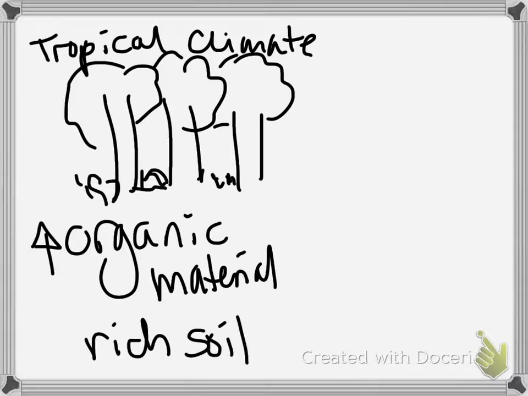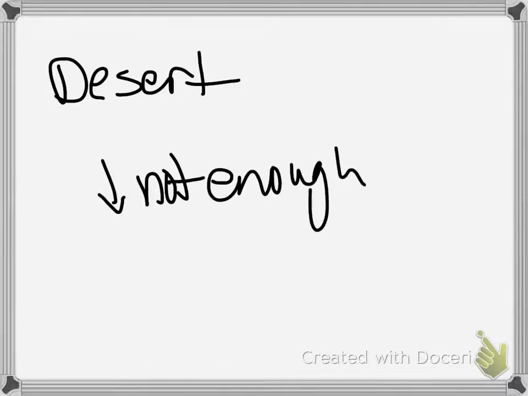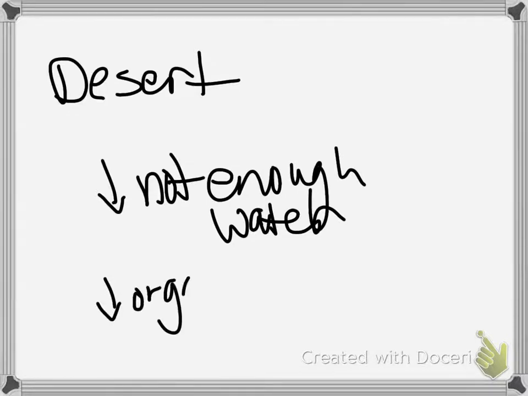It's a good cycle. This is different than, say, a desert where there's not enough water. So plants aren't going to grow. And if you don't have plants, then you're not going to have organic material. Okay, not enough organic material either.